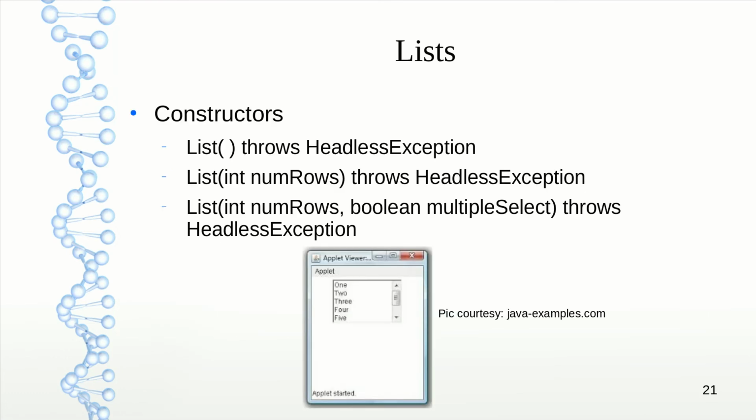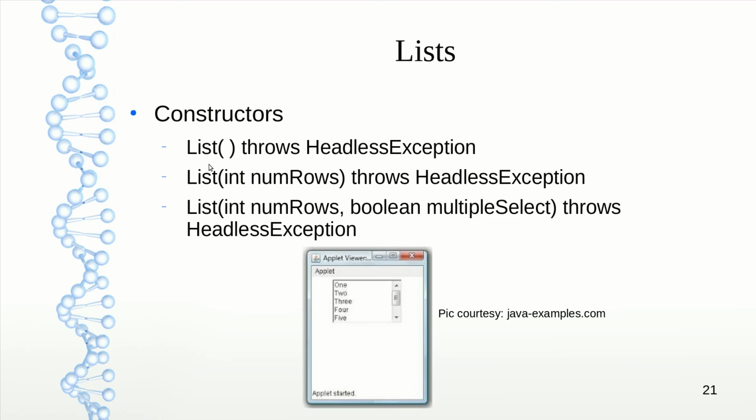The next AWT control is the list. This is actually an expanded choice list, but the difference is that in the case of a list, there is a possibility of multiple selection of items. The different constructors are presented here.